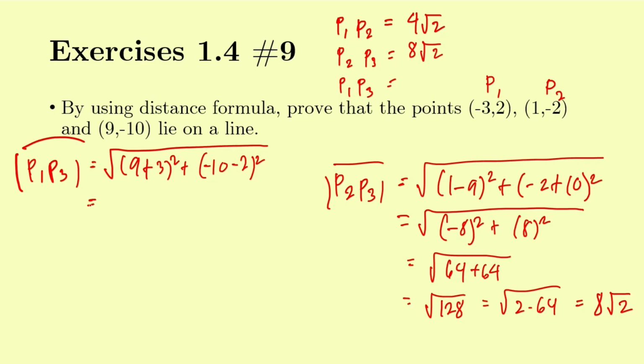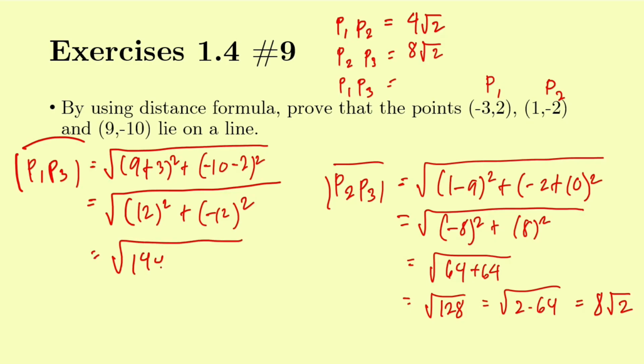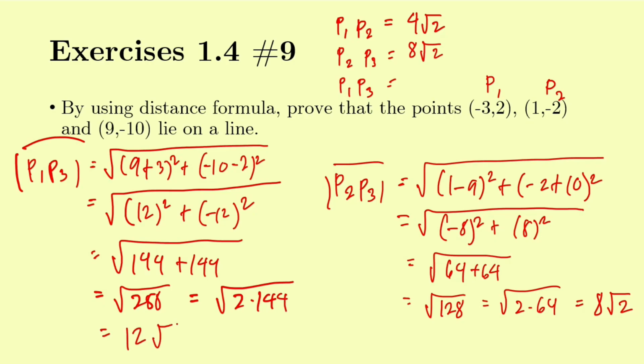And then, that's equal to the square root of 12 squared plus negative 12 squared, which equates to 144 plus 144. So, square root of 288 yan, no? And 144 is a perfect square. Again, 2 times 144. Kaya ang result dito is 12 square root of 2.